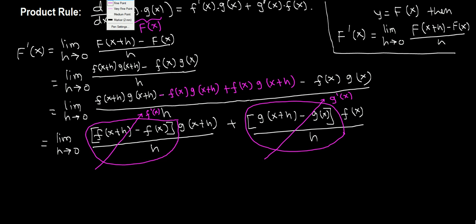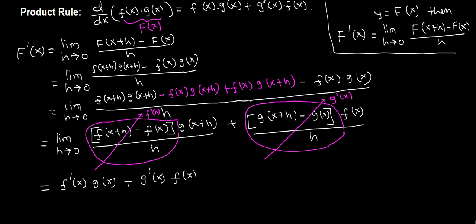So in fact, when we distribute this limit to the first fraction plus the other fraction and take this limit, this is going to go to f prime of x, and when we replace this h by 0, we get g(x), plus this is g prime of x, and this is f(x), and that is what we were trying to prove. And in fact, this adding and subtracting gives us the right fractions to get this derivative.